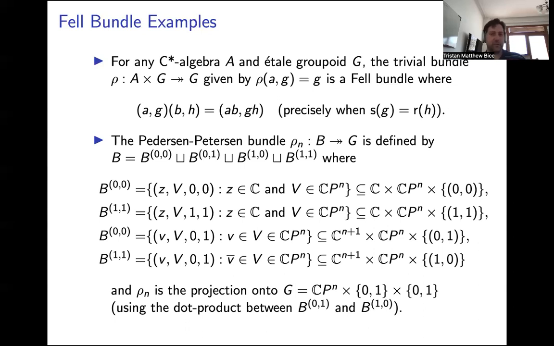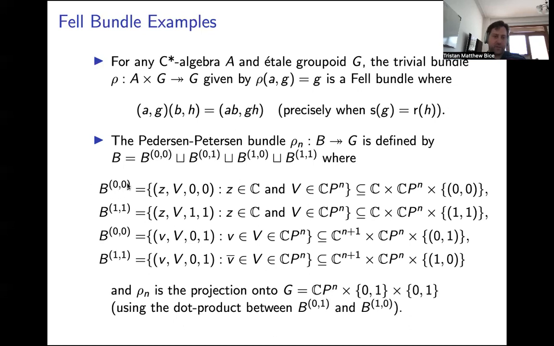The algebra itself is formed from sections of the bundle, but you can probably guess what the corresponding bundle is from the definition we had of the Peterson algebra. The corresponding bundle in this case is a disjoint union of four separate bundles, each corresponding to these different entries in the 2x2 matrices: 0,0, 0,1, 1,0, 1,1.